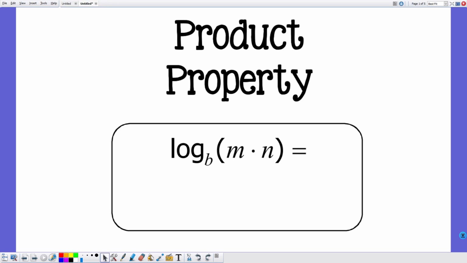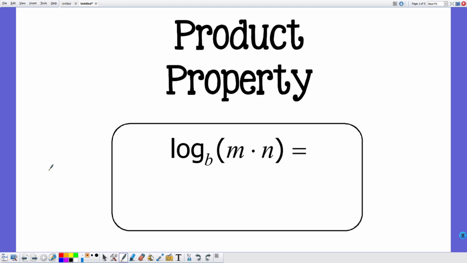Alright, hello everyone. So, today we will be discussing what is called the product property with logarithms. It's kind of simple, hopefully. The way it goes is you have a log base b of m times some number n.